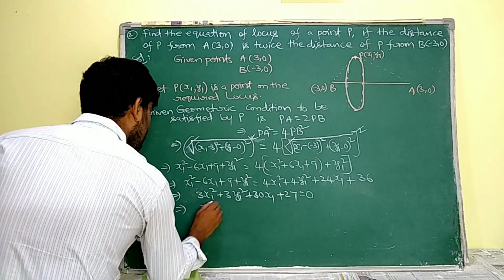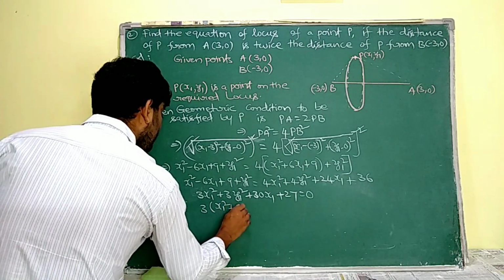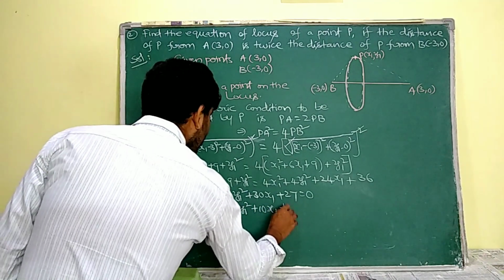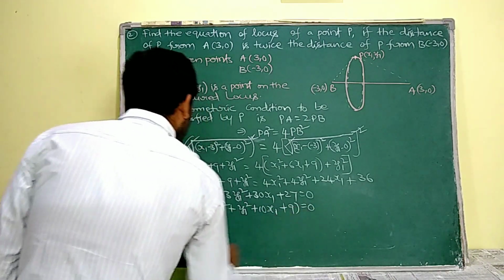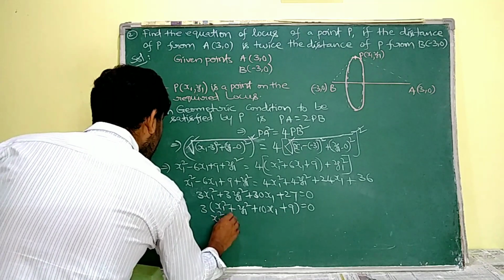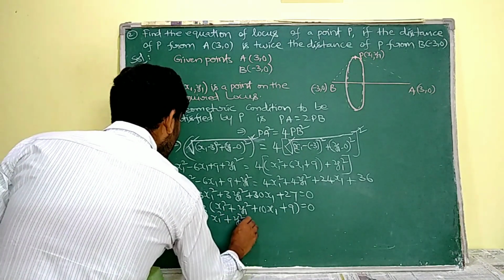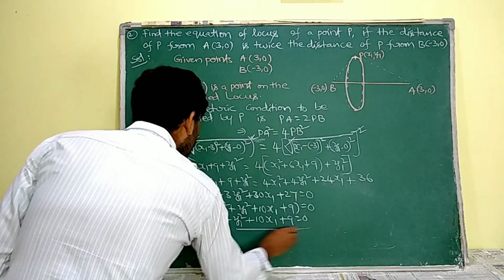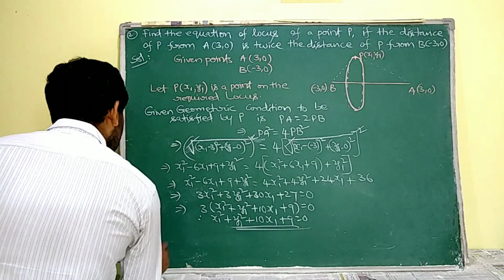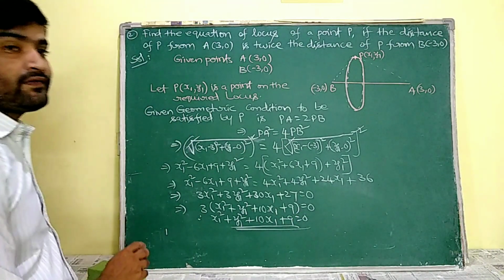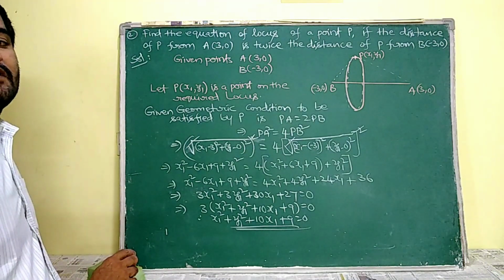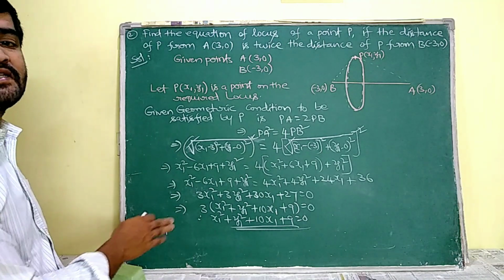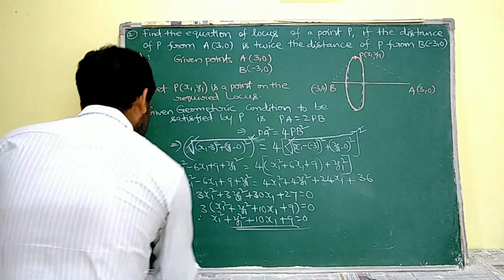Now take out the 3 common: x1 square plus y1 square plus 10x1 plus 9 is equal to 0. That implies x1 square plus y1 square plus 10x1 plus 9 is equal to 0 is our required equation. Therefore, after obtaining this equation, for expressing the locus equation, we have to replace x1, y1 with x comma y.